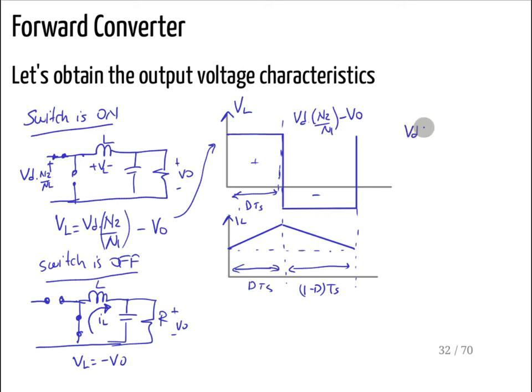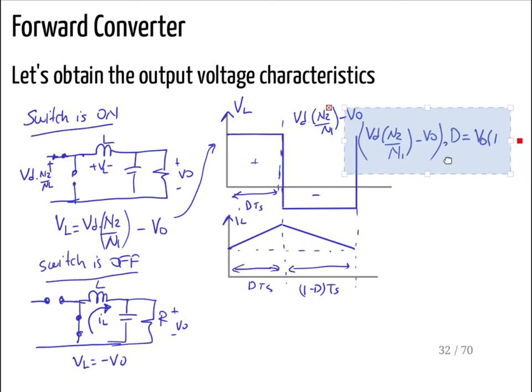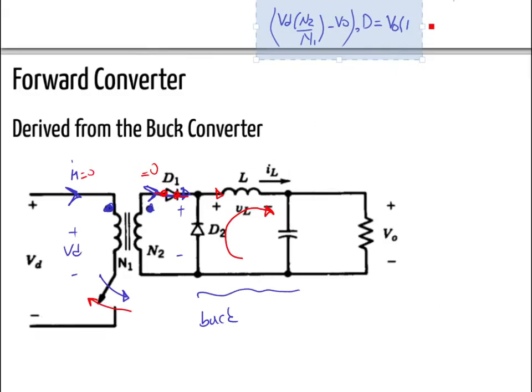So VD times N2 over N1 minus VO, times D, should be equal to VO times, oops, just a second, let me, oh.